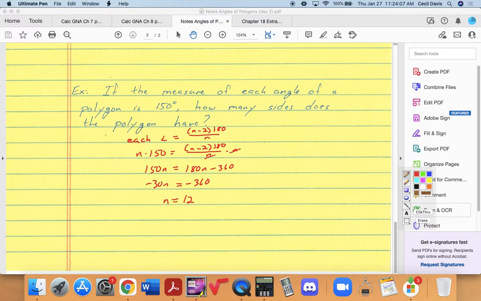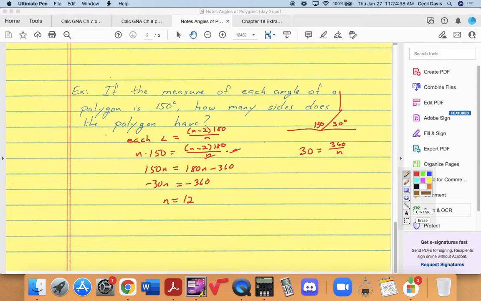There is another slightly faster way to do this. You have to think a little bit. And I know for some of you that's against your religion, but let me show you anyway. If the interior angle is 150, what's the measure of the exterior angle? 30. Well, we know each exterior angle is equal to 360 divided by n.